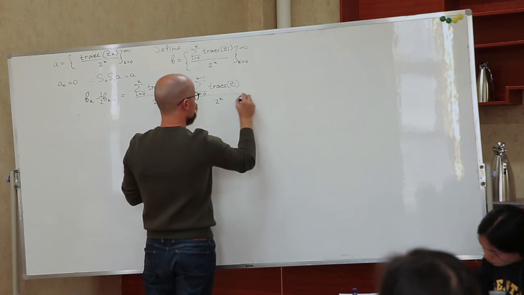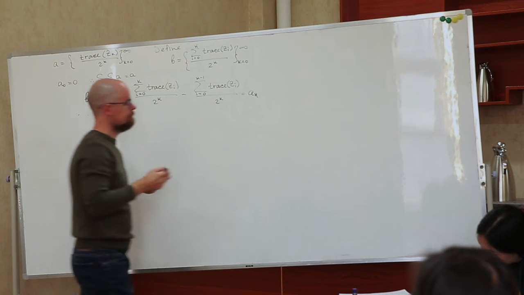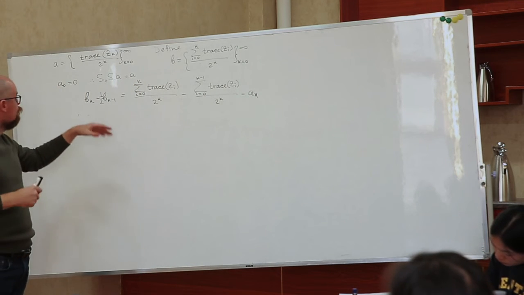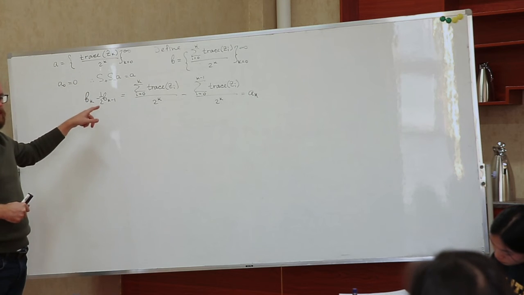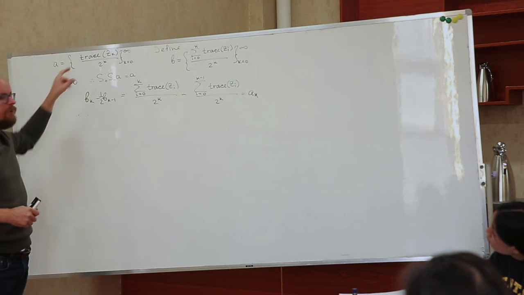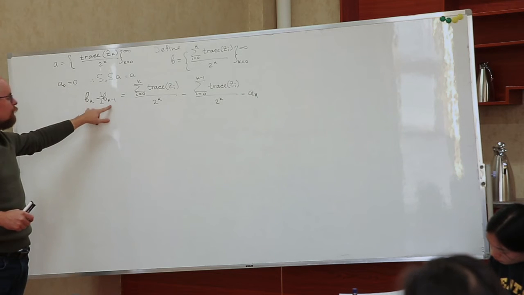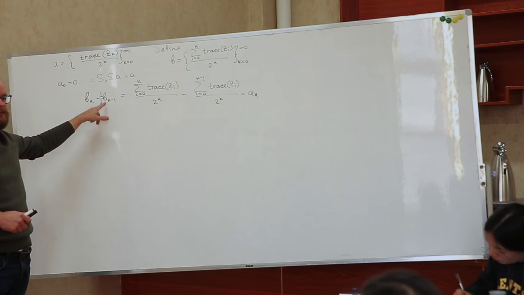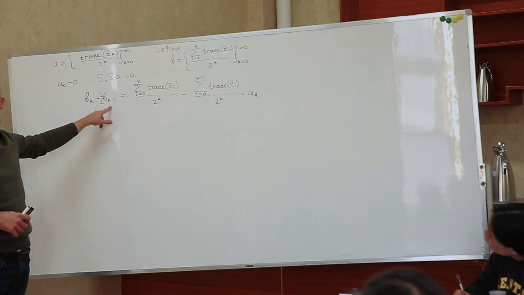So this is nothing but A_k. And we want to show that every S plus over 2 invariant functional vanishes on A. So we are almost there. We wrote A as a sequence minus S plus over 2 of the same sequence.